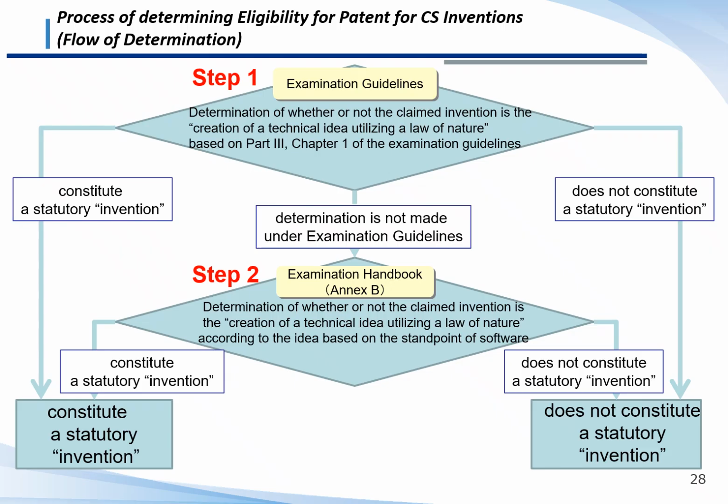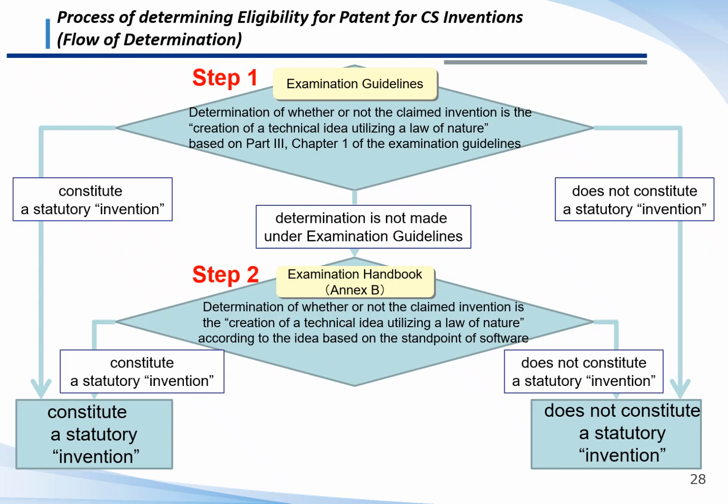The process of determining whether a claimed software-related invention is a creation of a technical idea utilizing a law of nature is as follows. First, based on the general approach to determining eligibility for patent as stated in the examination guidelines, the examiner reviews whether or not the claimed software-related invention is a creation of a technical idea utilizing a law of nature.